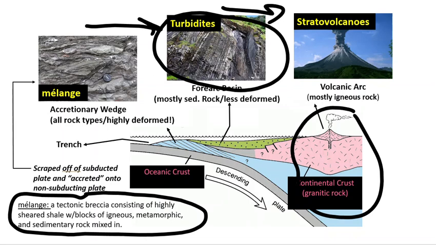And as you also know from a previous chapter, the typical kind of volcano that we get at volcanic arc areas within a subduction zone would be a stratovolcano. And you might remember that stratovolcanoes are composed of alternating layers of lava and pyroclastic material, and they tend to be highly explosive.